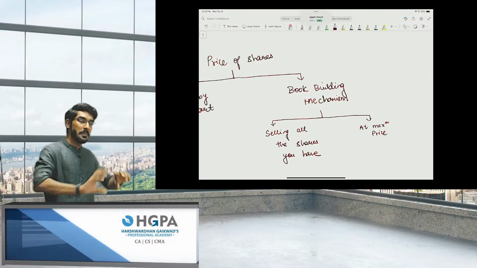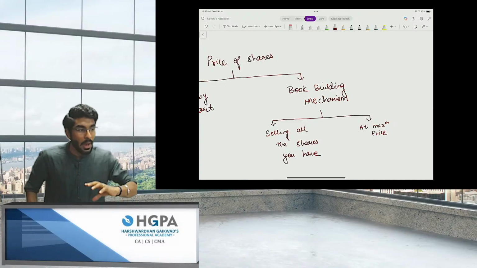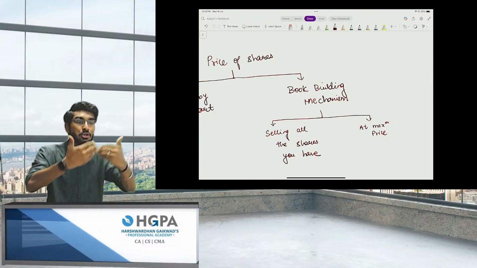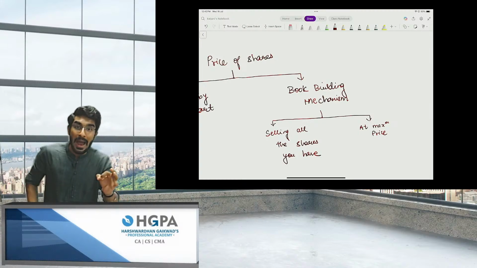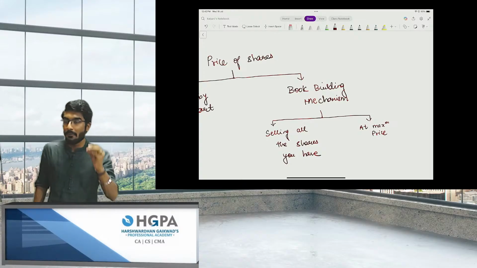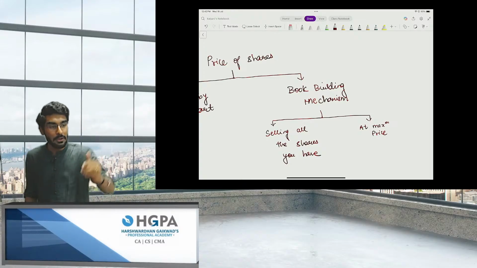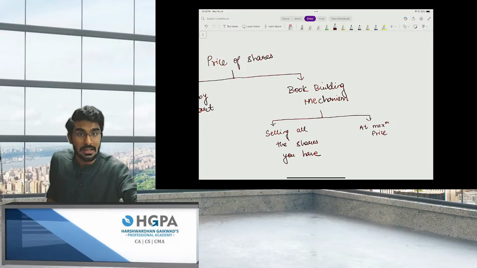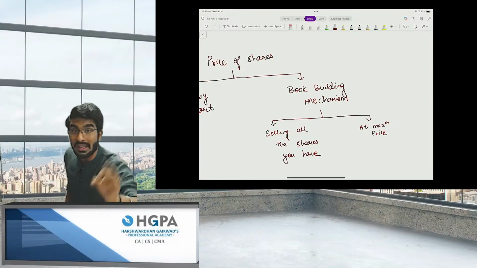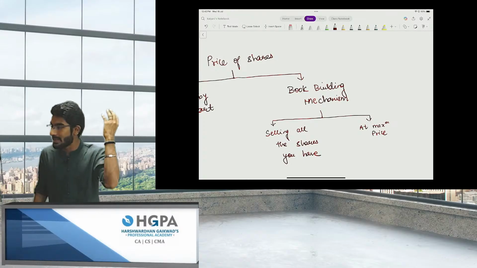Book building mechanism is a way of discovering the price where all your shares are sold in the market, but at the maximum price. Now again the important question, people: how do you find out the maximum price?